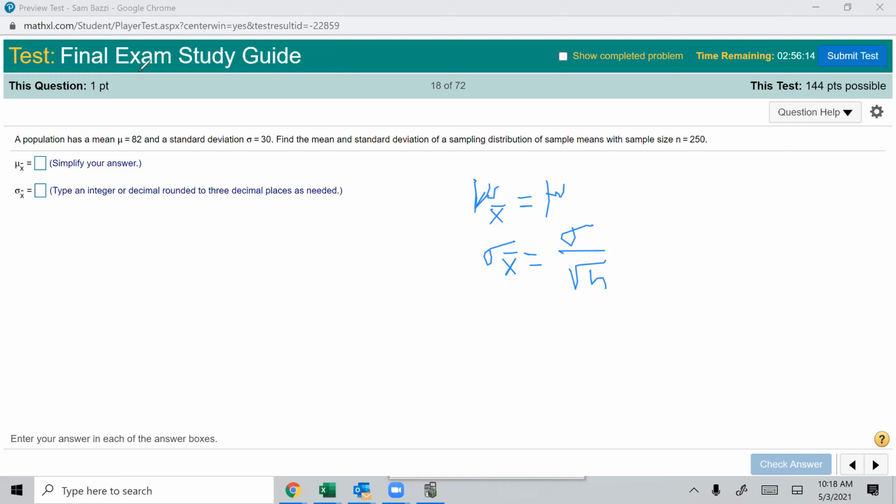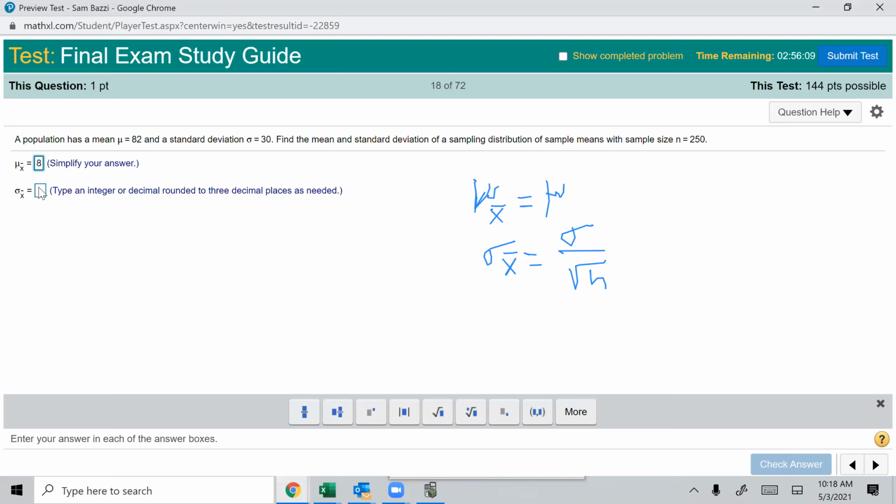So for this question, guys, your mean will be just the same, which is 82, but your standard deviation will be 30 divided by square root of 250.